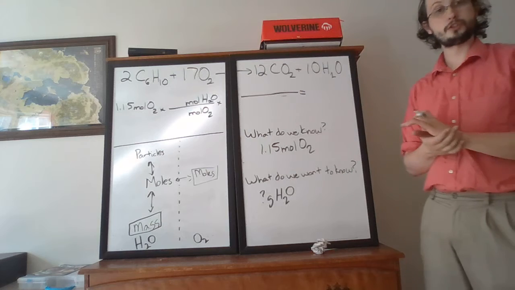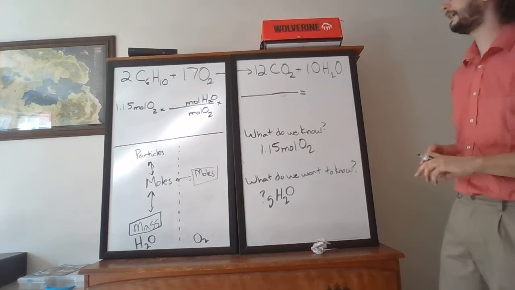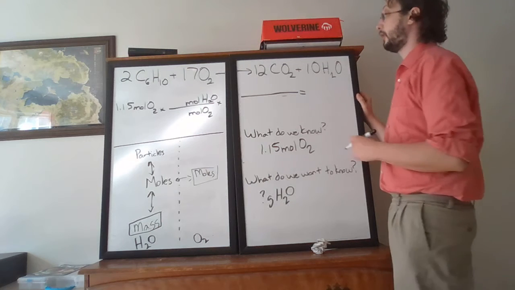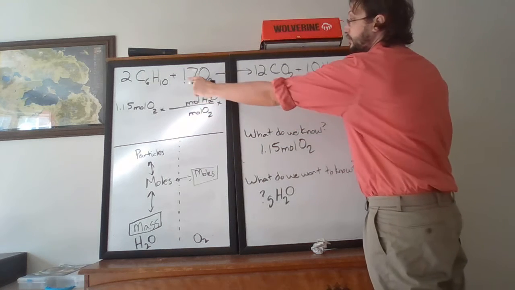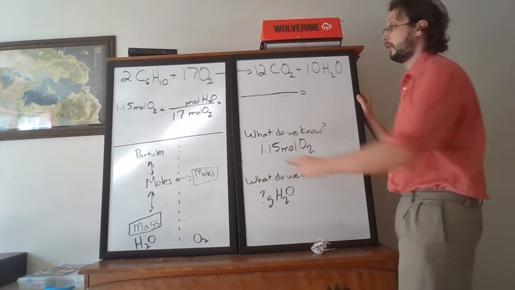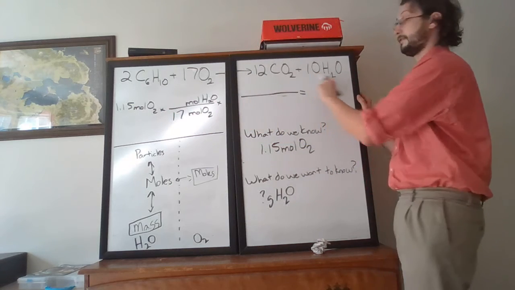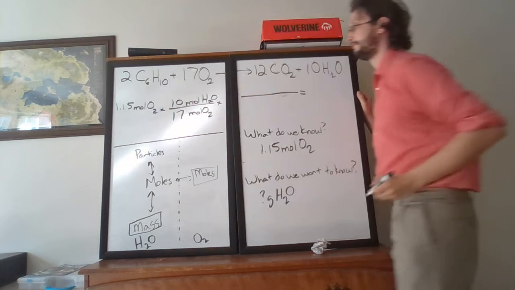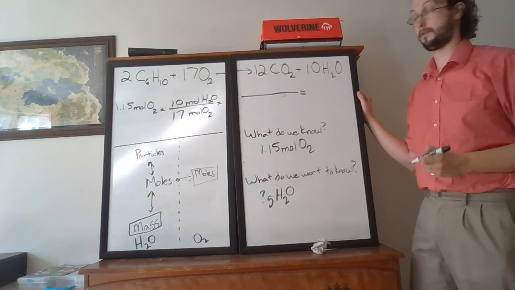Now we see that's a moles to moles conversion, that's a mole ratio. We need to look at our balanced chemical equation to figure out what numbers go in those blanks. Oxygen, O2, has a coefficient of 17, so 17 goes with moles of O2. Water has a coefficient of 10, so that means 10 goes with moles of H2O. So we have set up our first conversion factor.